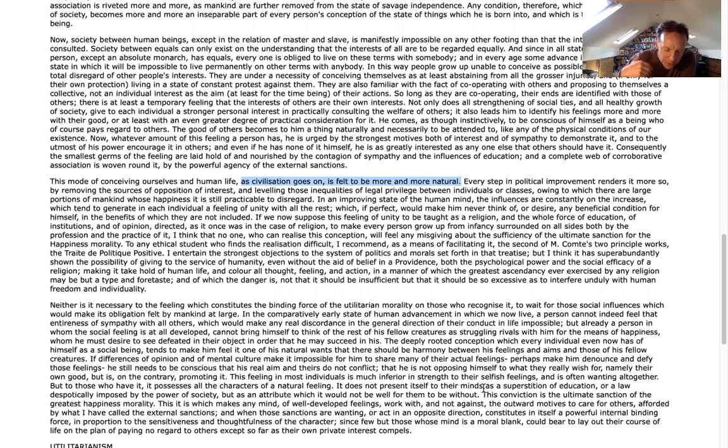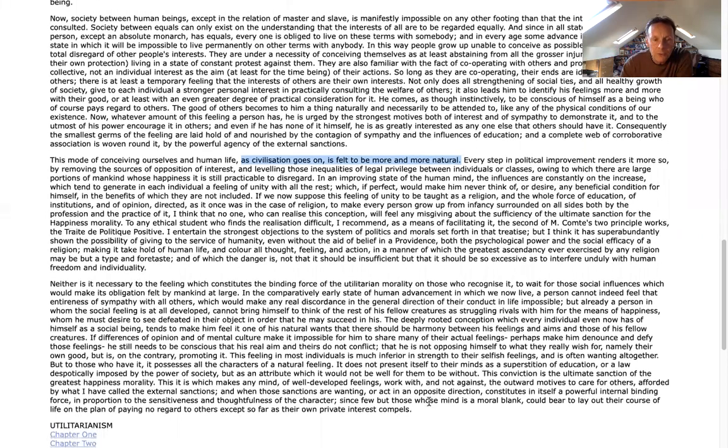Some might argue that, as he says, this doesn't give sufficient sanction for his view of moral thought, but he's saying that we shouldn't interfere unduly with human freedom and individuality, but there is a binding force to morality, and it comes from the deeply rooted social nature of human beings.